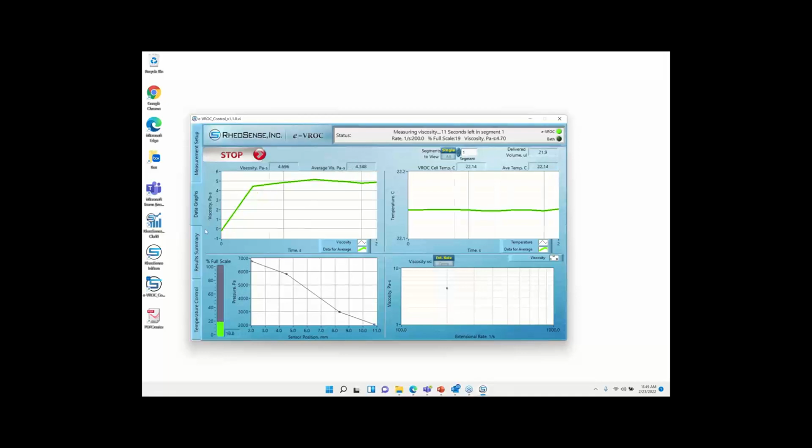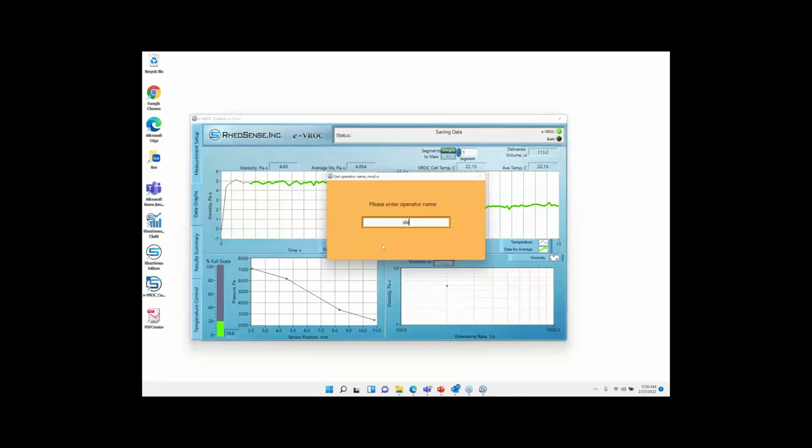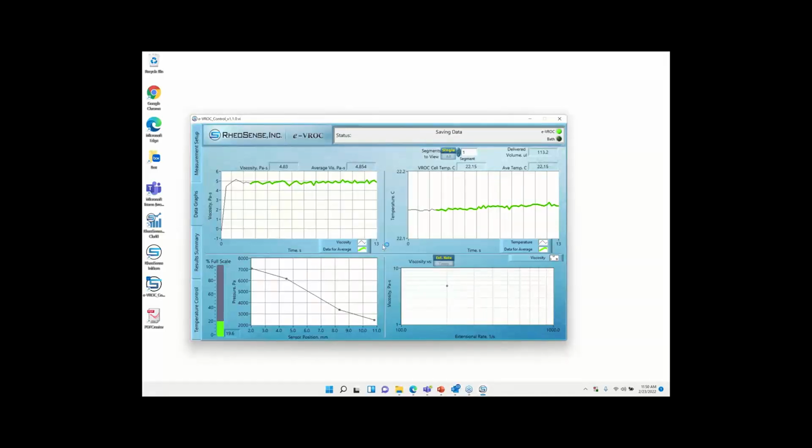We have the transient curve, the pressure profile, we're monitoring temperature, and as we acquire data, it fills in data points here as a function of extensional rate, or temperature if that's what you're varying. So you can see again, we have a nice pressure drop.